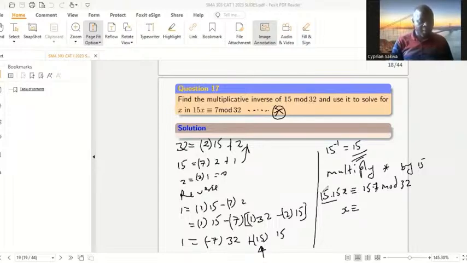How many times does 2 go into 105? 2 goes there 3 times. So what is the remainder? The remainder is 9. So that is the value of x. 9 is the value of x.